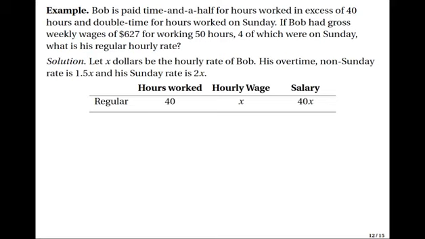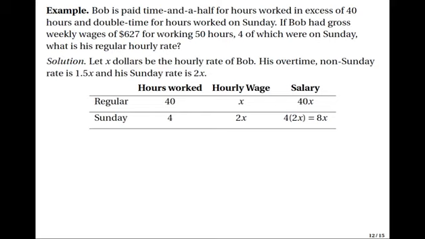So hourly wage is X, salary will be 40X. On Sundays, it said that there are 4 hours. So hours worked on Sunday, you have four hours there. And the payment is double time. So hourly wage is 2X. Therefore, the contribution to the salary for this Sunday work will be 4 times 2X, and that's 8X.